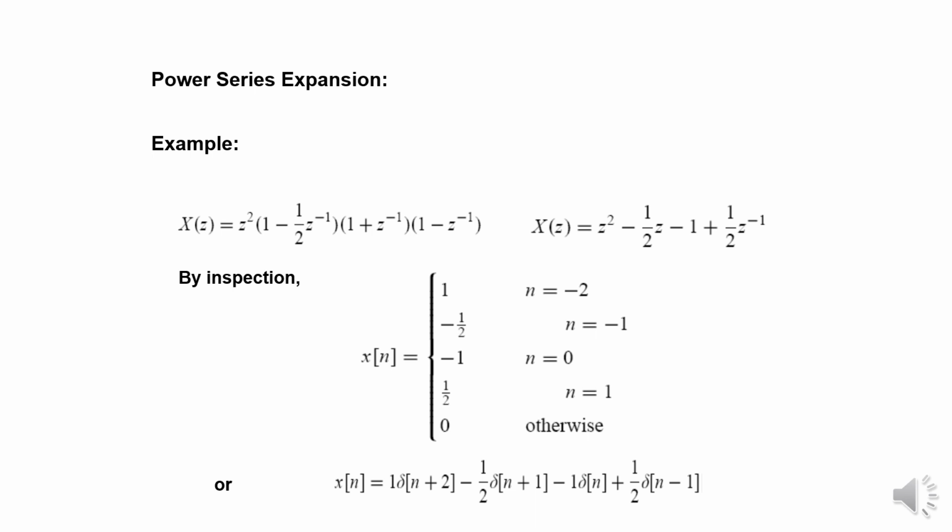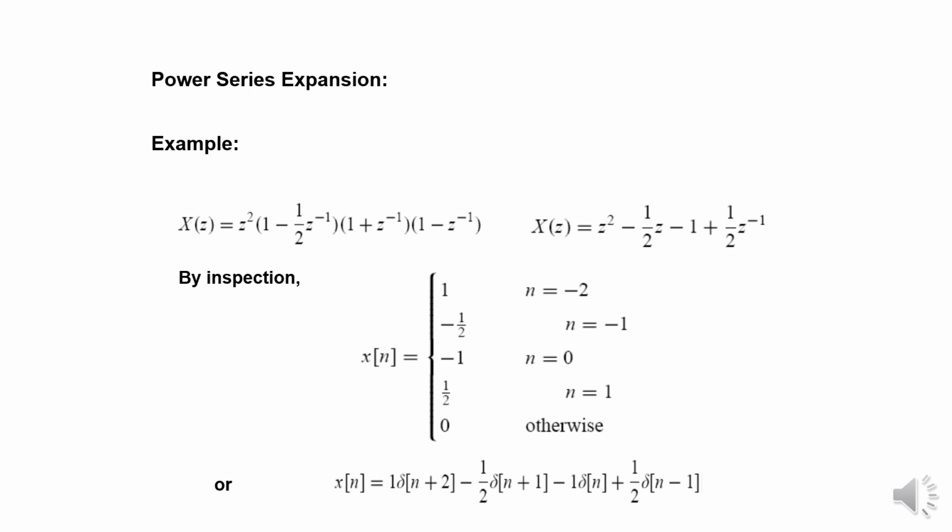So delta n plus 2 represents n equal to minus 2, delta n plus 1 represents n equal to minus 1, delta n represents n equal 0, and delta n minus 1 represents n equal plus 1. So likewise we have found our xn value, which is the inverse Z transform.